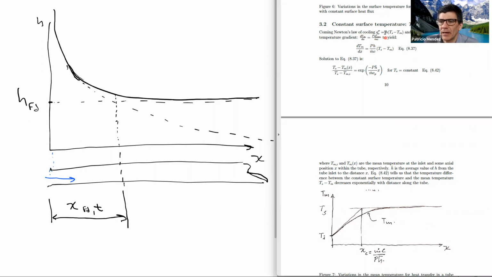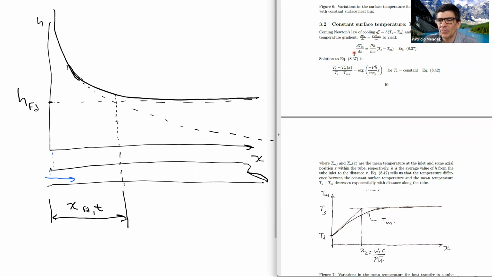So we have this equation, and if we say the pipe temperature is constant, right? We would have Q convection, right? Q convection is H times the surface pipe temperature minus the average mean temperature of the fluid, right?